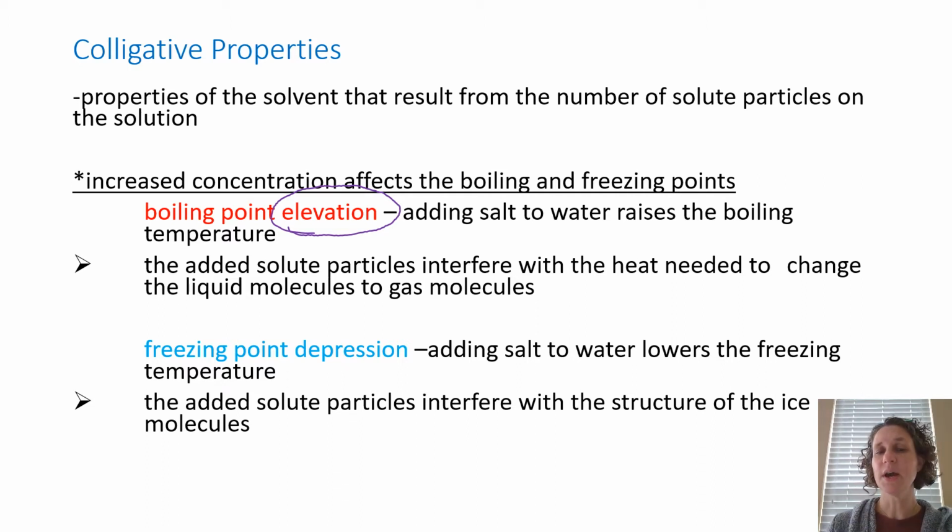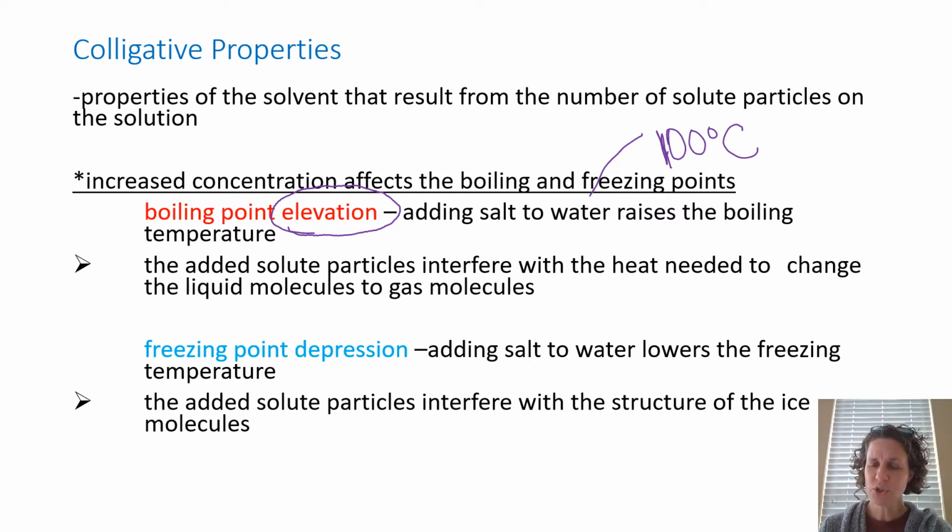So you guys, I hope, know that water normally is going to boil at 100 degrees Celsius. But if I take my 100 grams of water, for example, and I add those 10 grams of salt, then instead of boiling at 100 degrees even, like pure water should, it will boil at something more like 102 or 103.